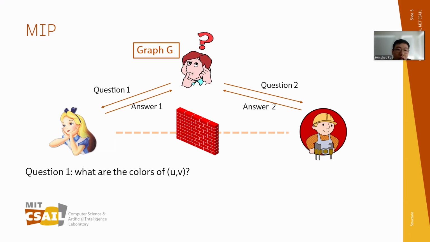For Alice, I ask what is the coloring of a random edge UV. And for Bob, I ask what is the color of U or V on this edge. If this graph is three-colorable, then they can give me consistent answers. But if the graph is not colorable, then Alice can still fool me. But since Bob doesn't know which edge Alice got, it's very hard for him to give consistent coloring, and I will detect if they are lying. So this is the idea behind MIP.